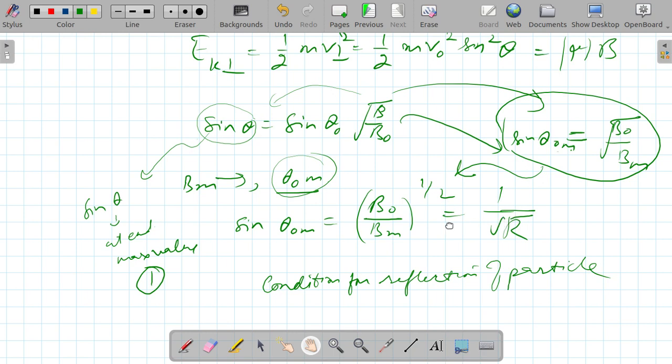So this is nothing but 1 by root R. This is the condition for reflection of a particle; if the particle follows this condition, then it is reflected back, and with this the article on the magnetic mirror will finish.